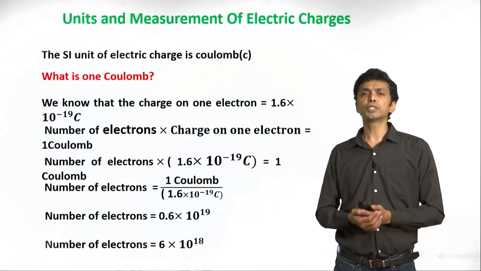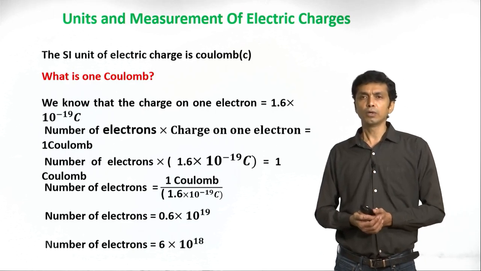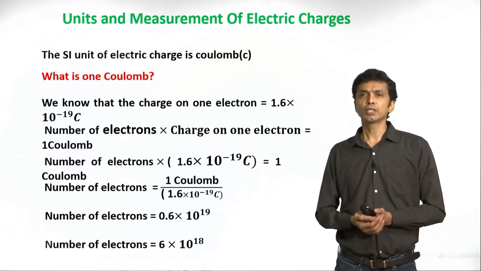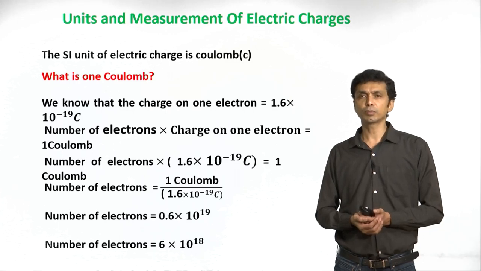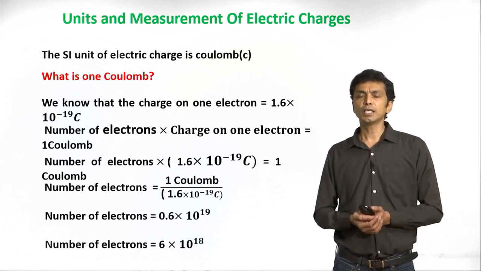How are we going to measure electric current? So, what is this Coulomb? Coulomb is the unit of charge. One electron has a charge equal to 1.6 into 10 to the power of minus 19 Coulomb. By adding how many electrons can we get a charge equal to 1 Coulomb is the question.